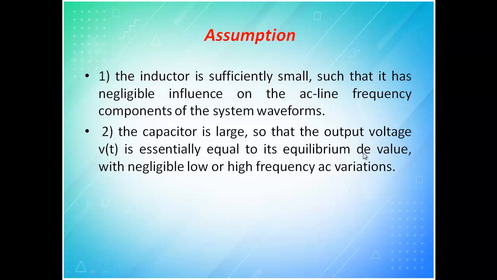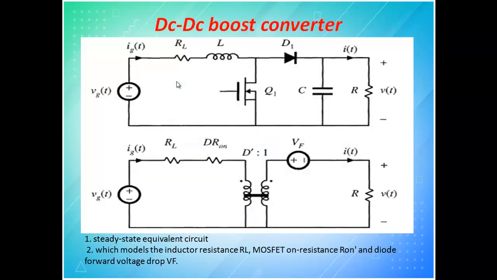So wherever you see DE, it is DC. We all know that in any filter circuit, if you increase the capacitance value, the ripple in the voltage will come down. To have a good output voltage without ripple, the capacitance should be very large. So these are the two assumptions we are taking: the inductor is small, the capacitor is large.